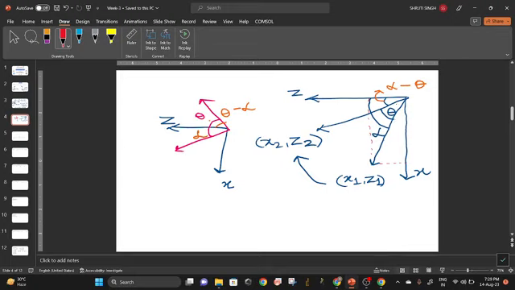That angle will be 90 minus alpha, since this whole is alpha. So x1 will be L cos of 90 minus alpha, so it will be L sin alpha, and z1 will be L cos alpha.